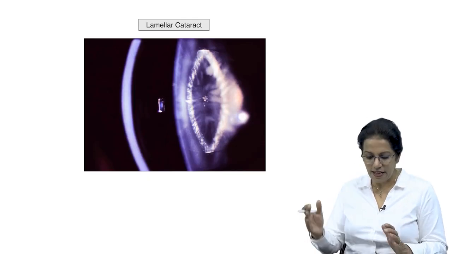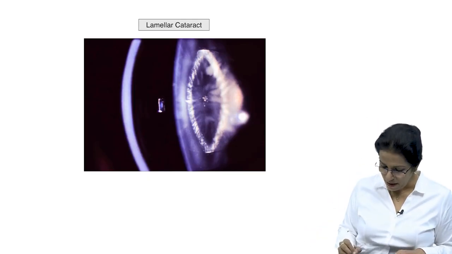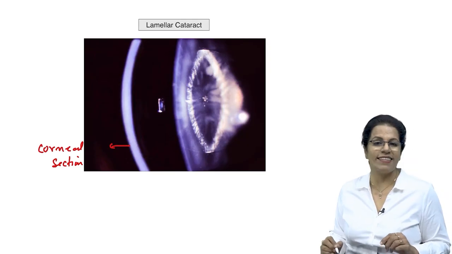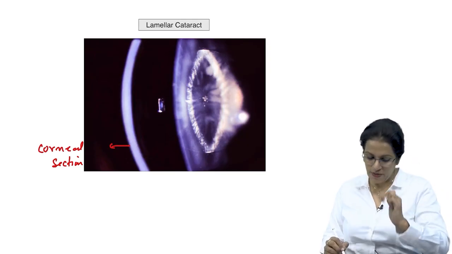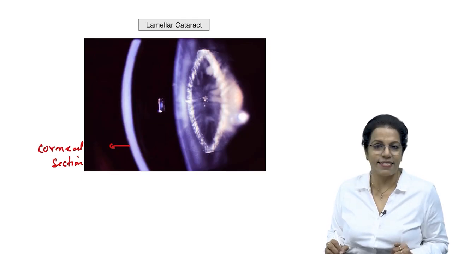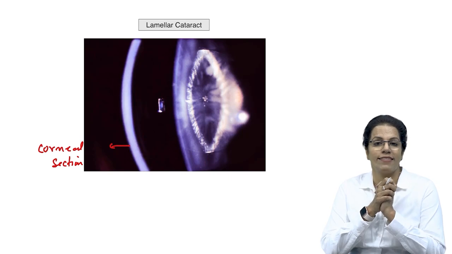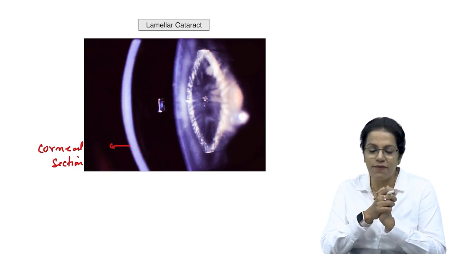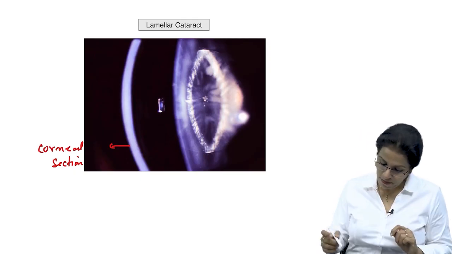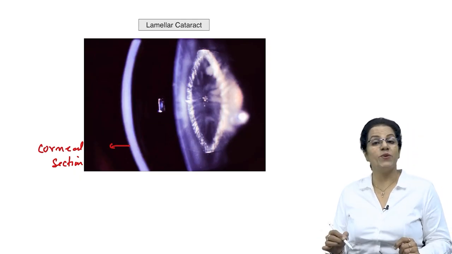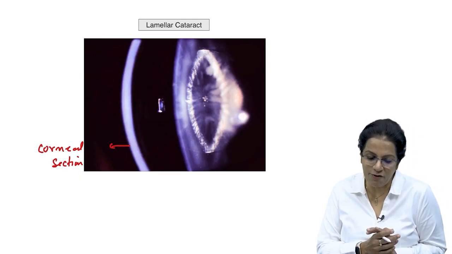This is what, can you see the lamellae? I think this should be absolutely clear. This is the corneal section here, isn't it? When the light is shown, this is the cornea, the slit of the cornea that you see. Then coming to this one is the lens. Now, when you talk about lamellar or zonular cataract, we have to keep in mind, if you can see here, this is the capsule and the peripheral part, and inside it is the nuclear part which is involved, right?